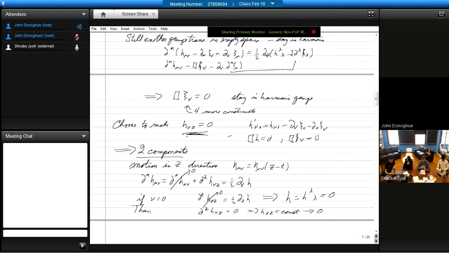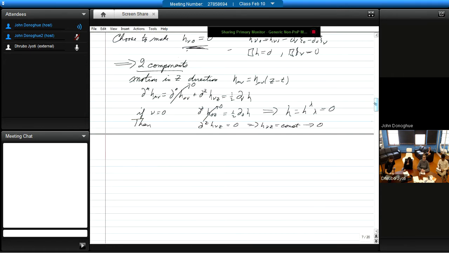Okay, it's not waving anyhow. All right. So where have we got? We've gotten down to what's called the transverse-traceless, TT.